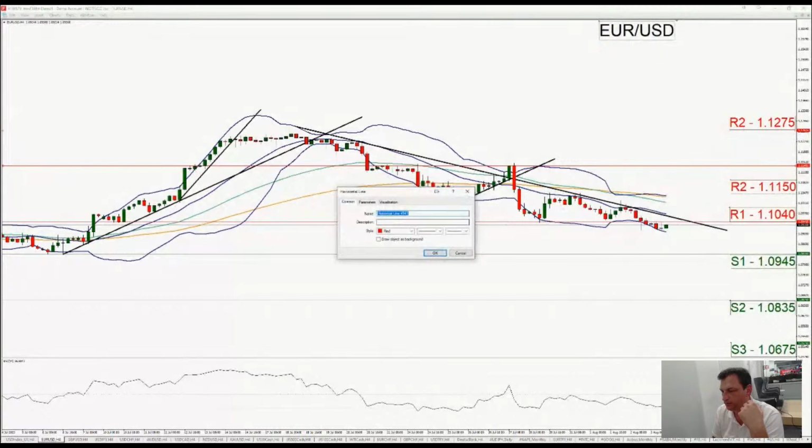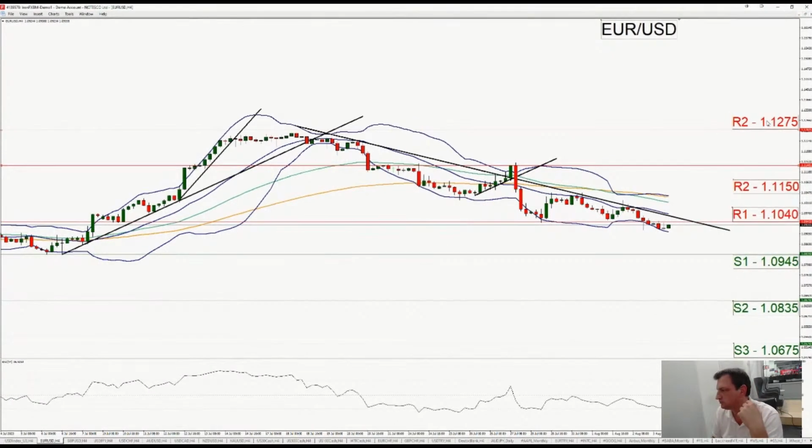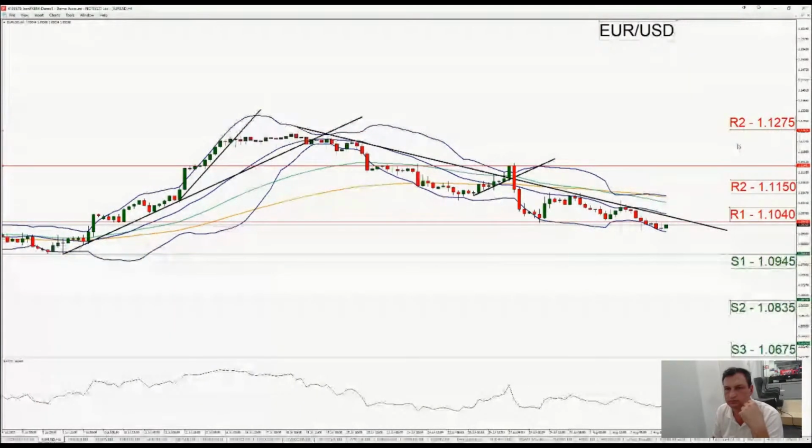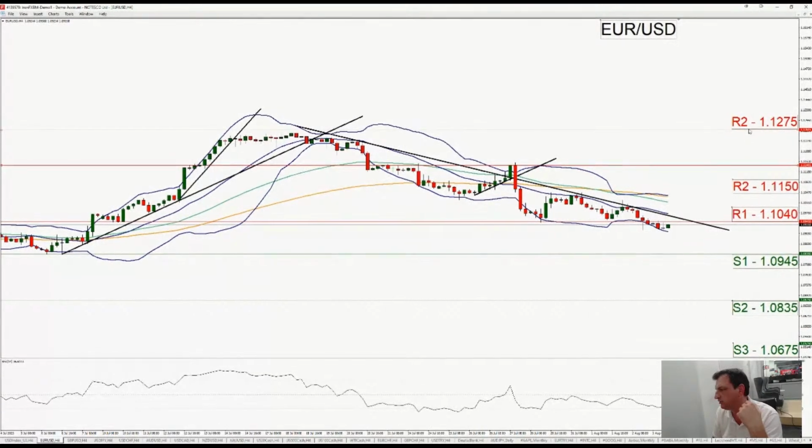Let's correct them at 1.12. Sorry, my bad.